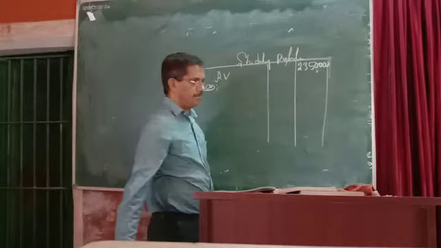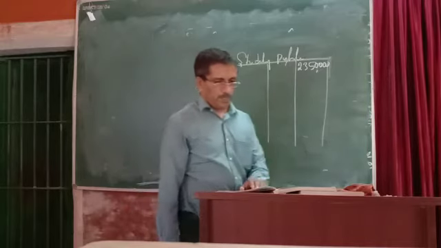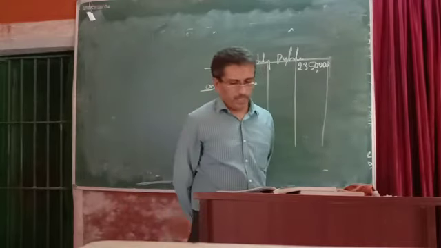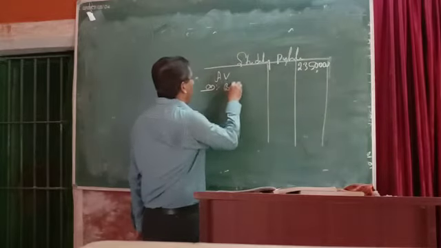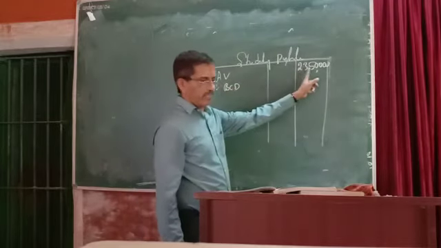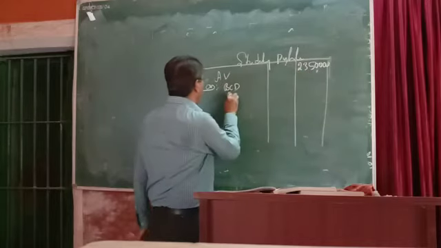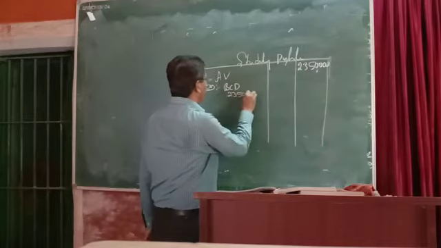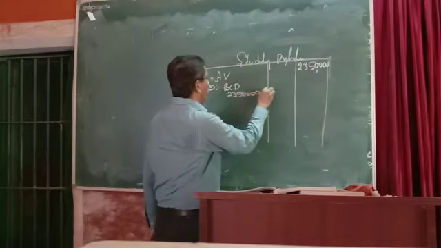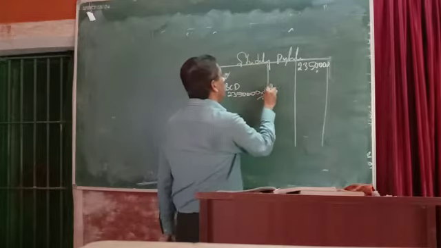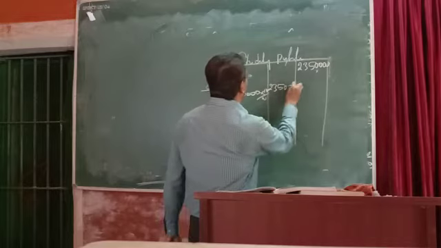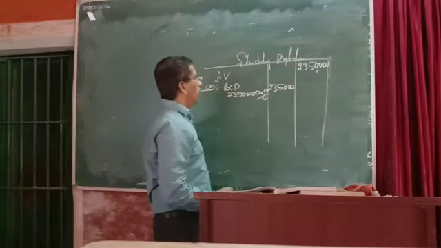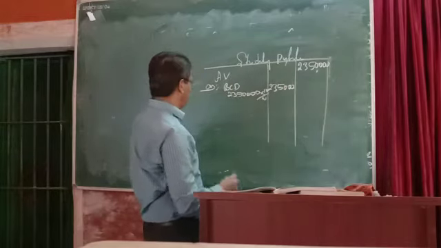For that, add in this particular problem BCD, basic custom duty, is given. BCD 10% on this 23,50,000 should be 2,35,000.